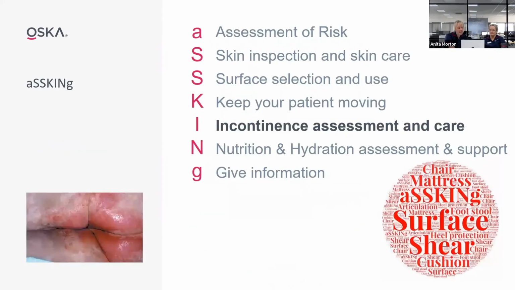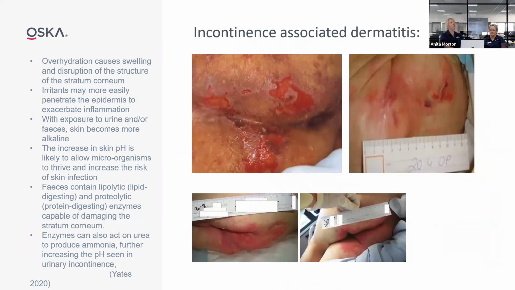So then the I stands for incontinence. I would probably say that we would be looking more at moisture-associated skin damage as well. So we tend to look more at incontinence associated dermatitis when we're looking at the skincare bundle, but ultimately this would include all levels of moisture associated skin damage, so moisture that comes from between skin folds, etc. But in terms of incontinence, ultimately, as and when a patient has an incontinence episode, the urine sits against the skin, and the urine unfortunately is alkaline, and our skin is naturally acidic.